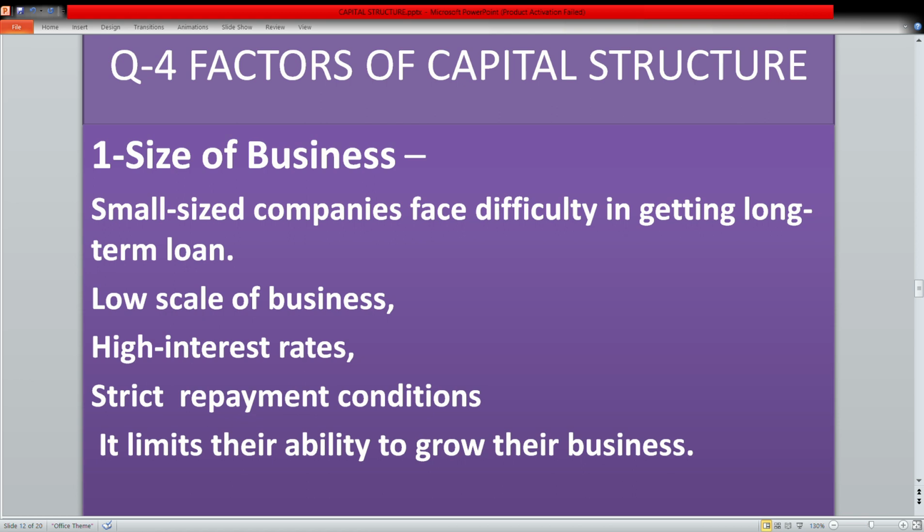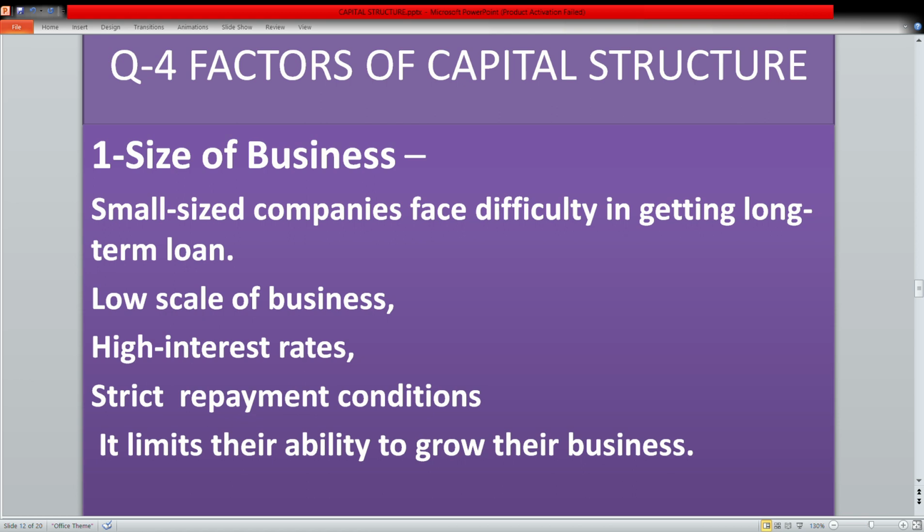In this class, we shall discuss what are the factors that are responsible for capital structure, or what factors the promoter of the business, the company, must take into account before designing the capital structure.